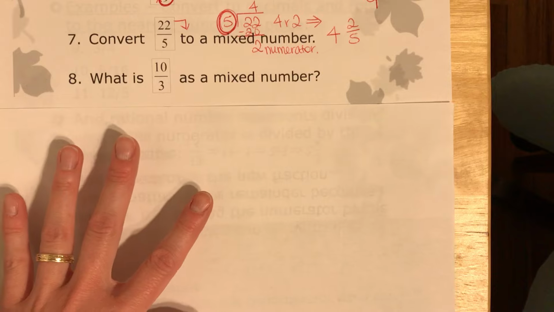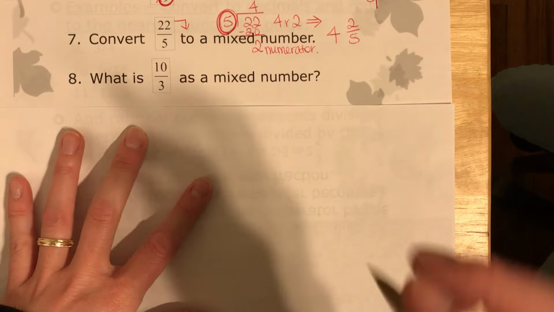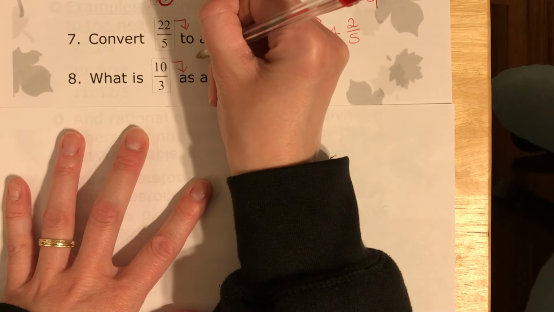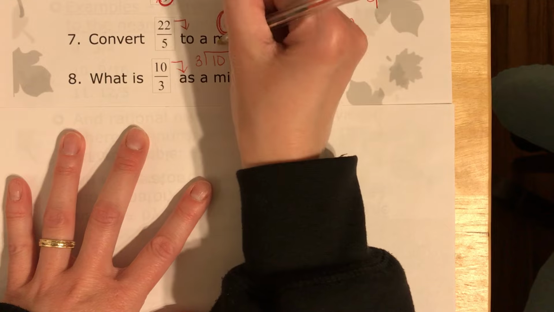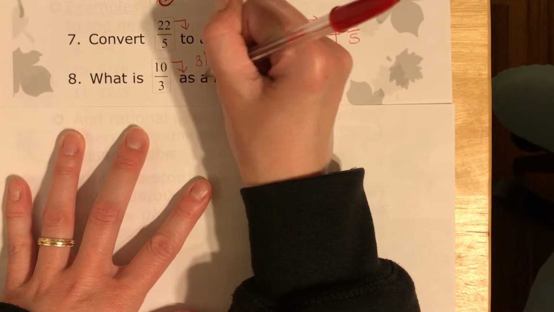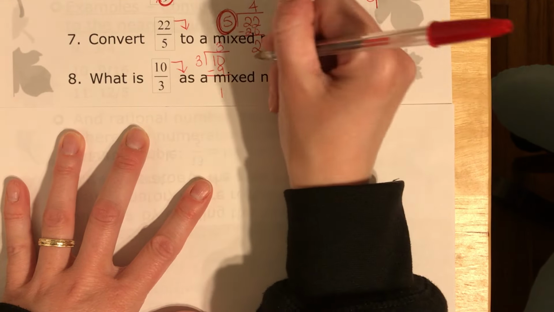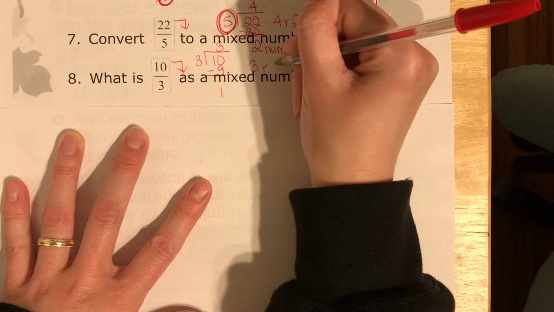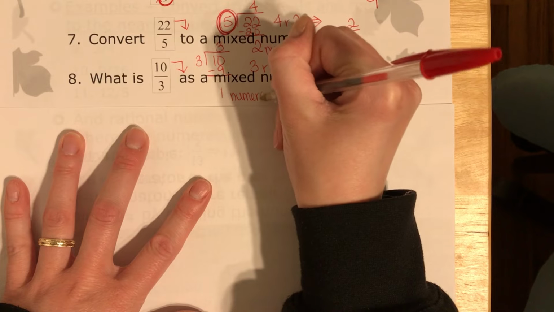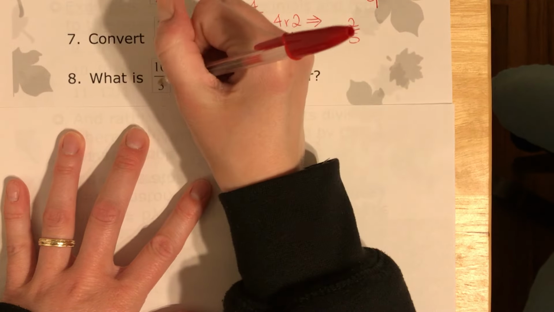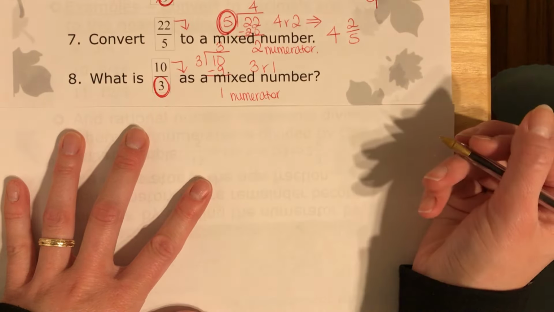Number 8, 10/3. 10 drops down. 3 into 10 can go 3 times, minus 9, remainder 1. So 3, remainder 1. The 1 is my new numerator. The 3 is still my denominator.